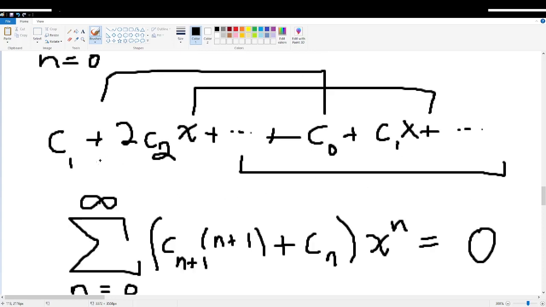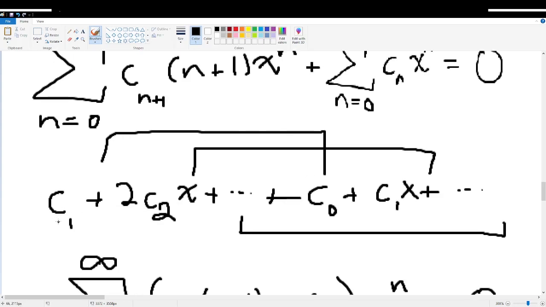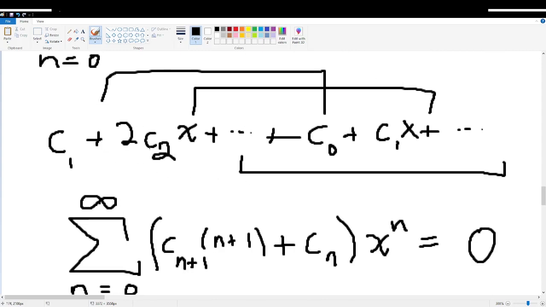Now, notice in this case, for example, c_(n+1) (n+1) plus c_n would be like pairing c1 plus c0 and then 2c2 plus c1, and so on. You'd see that it always matches the appropriate x power term.